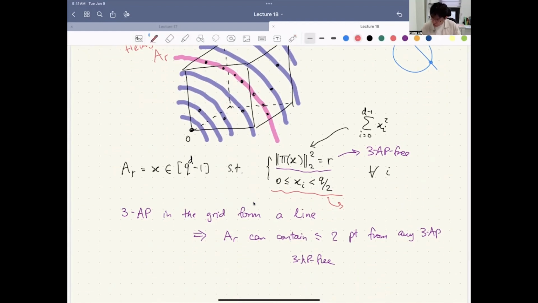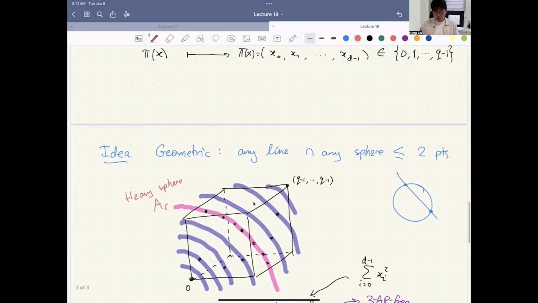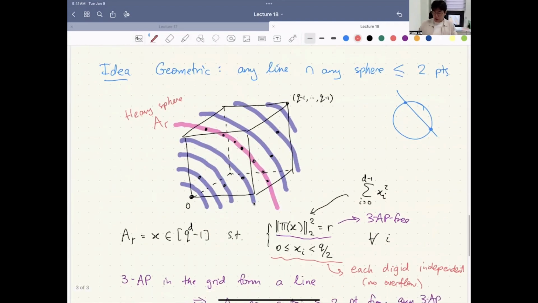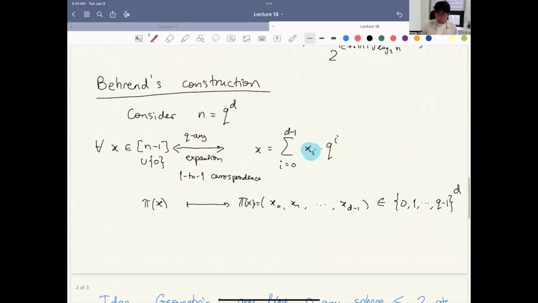This is to make each digit independent, sort of, with no overflow. Good. Now do the optimization and check that everything will work. This is Behrend's construction, giving a bound of the form this.